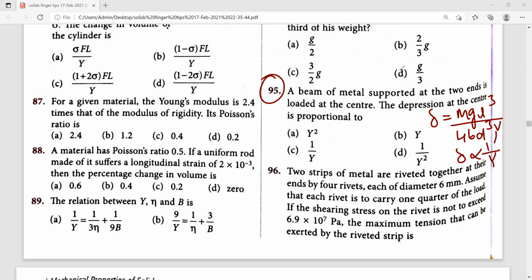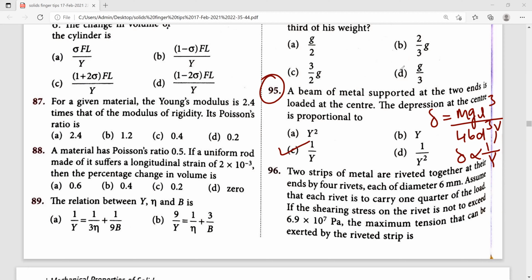So for 95th one, C1 is the right answer.